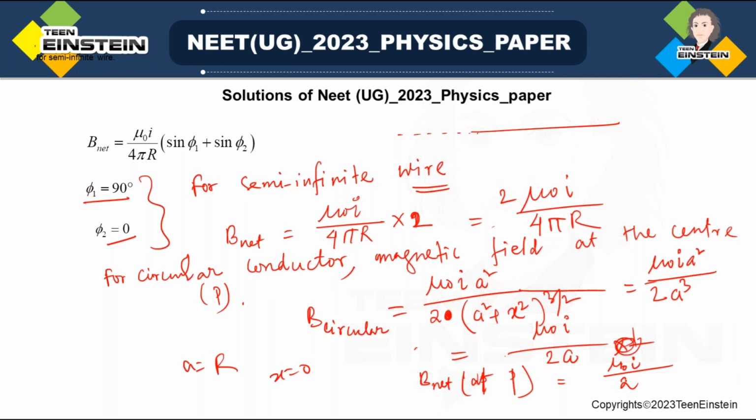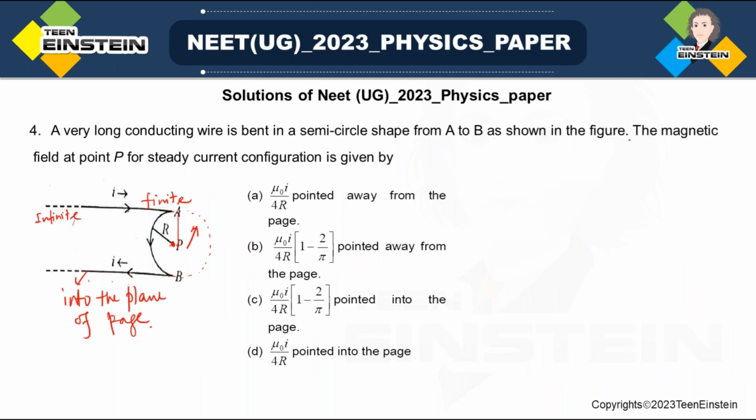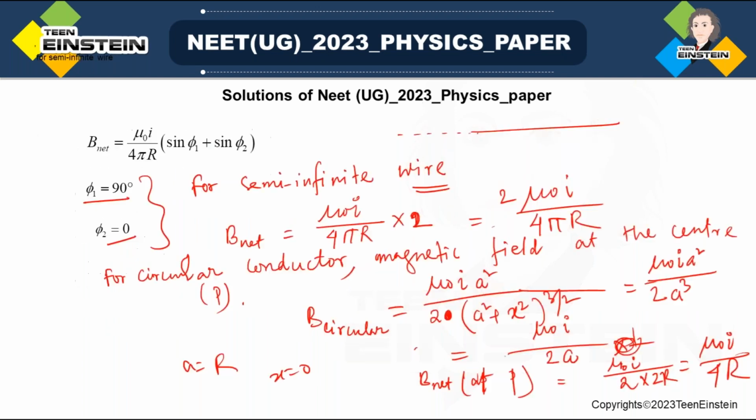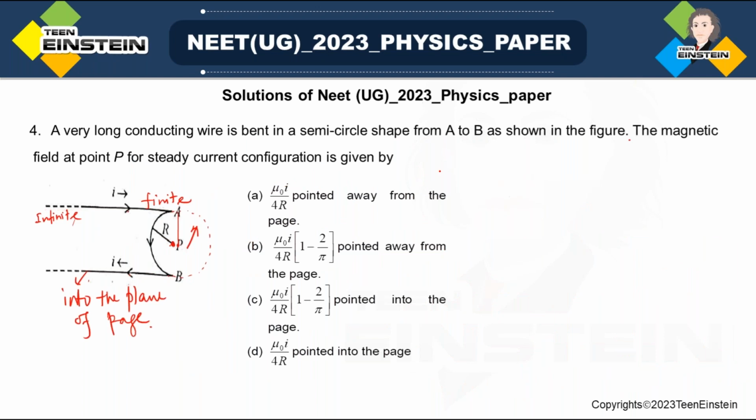So 2 into R, that means mu0 I by 4R. Okay, this will be the magnetic field at the center due to the semicircular arc.